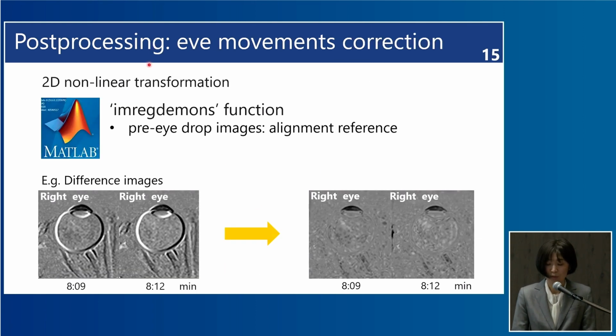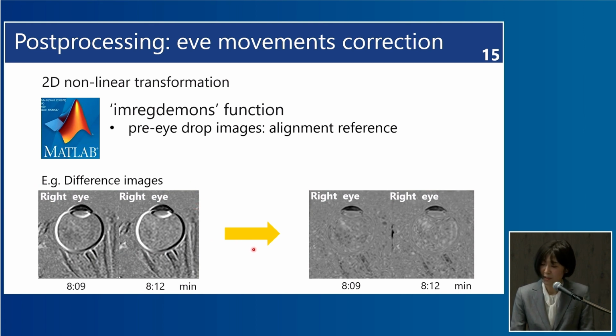In post-processing, eye movements were also corrected using 2D nonlinear transformation, employing MATLAB's imregdemons function. The pre-eye drop images were used as an alignment reference. These are some difference images.